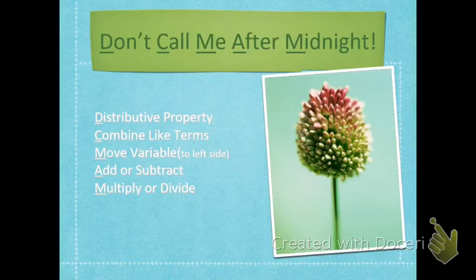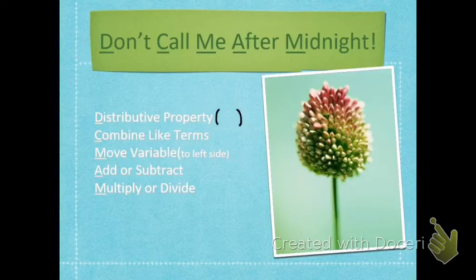What's a key clue to the distributive property? Parentheses, very good. So after you write in distributive property in your notes, put a little set of parentheses beside it. If there are no parentheses in the problem, then there's no distributive property. So that's going to be a quick step that we're going to be able to decide on.